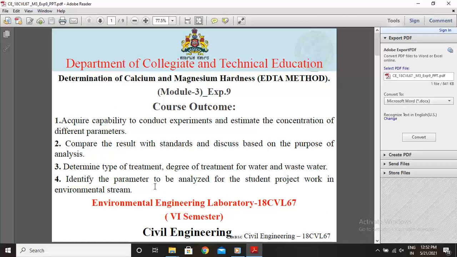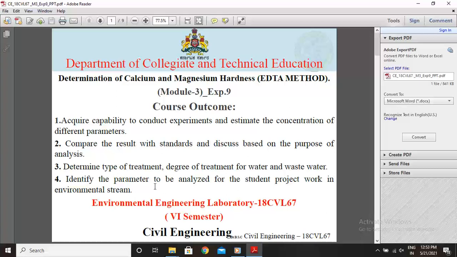Third is to determine the type and degree of treatment for water and wastewater. The next outcome is to identify the parameters to be analyzed for the student project work in the environmental stream. So these are the course outcomes.